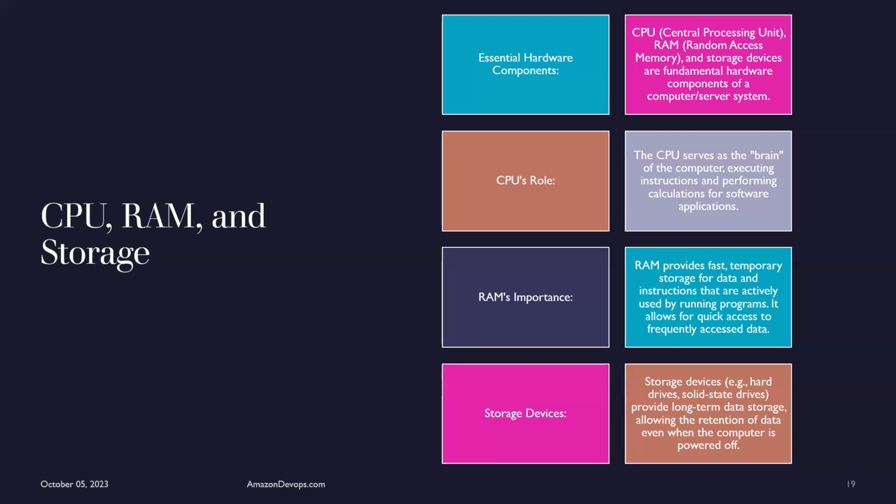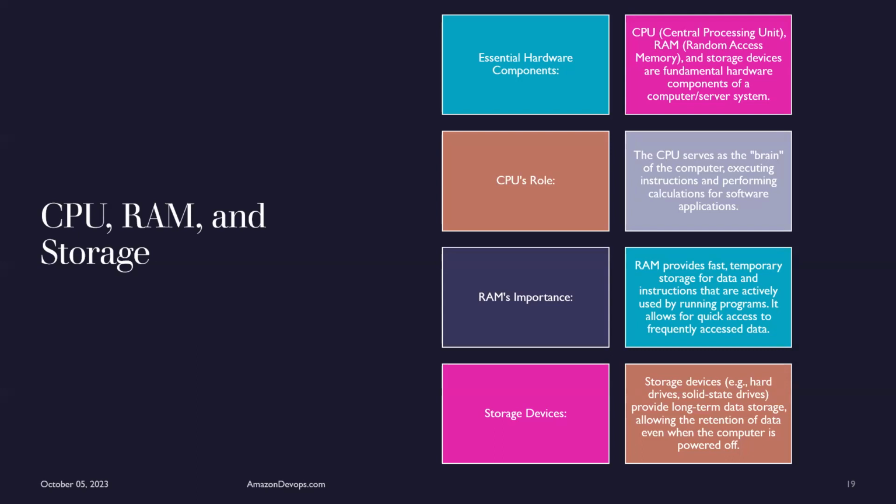RAM provides fast temporary storage for data and instructions that can actively be used to run a program. It is also important because it allows your system quick access to frequently accessed data.